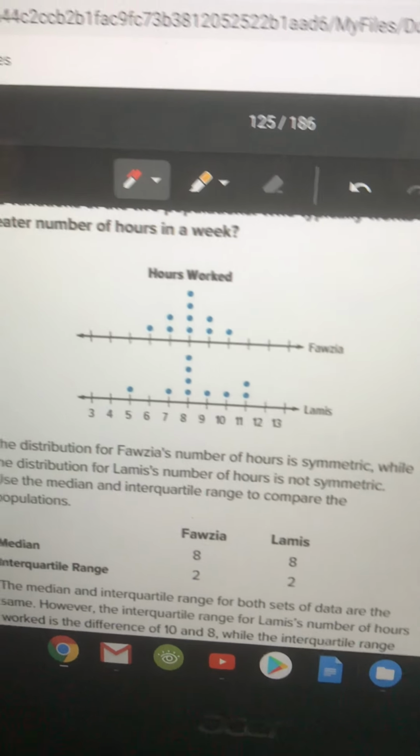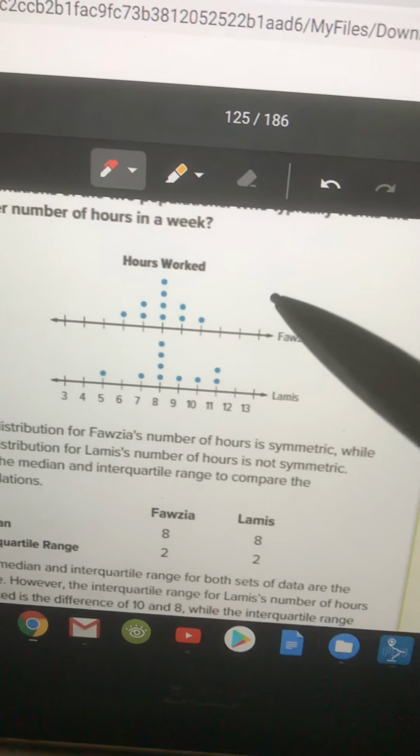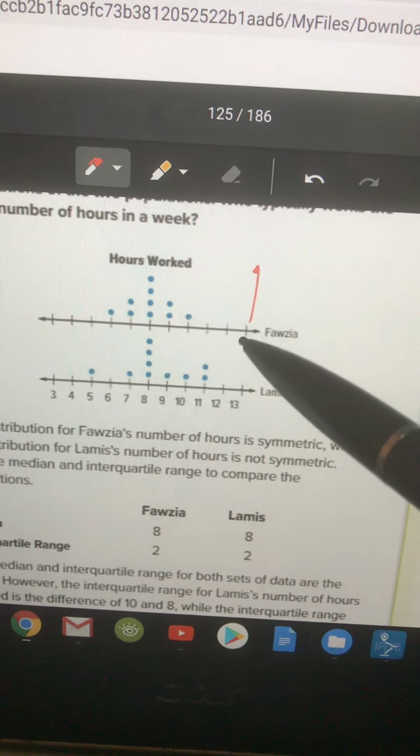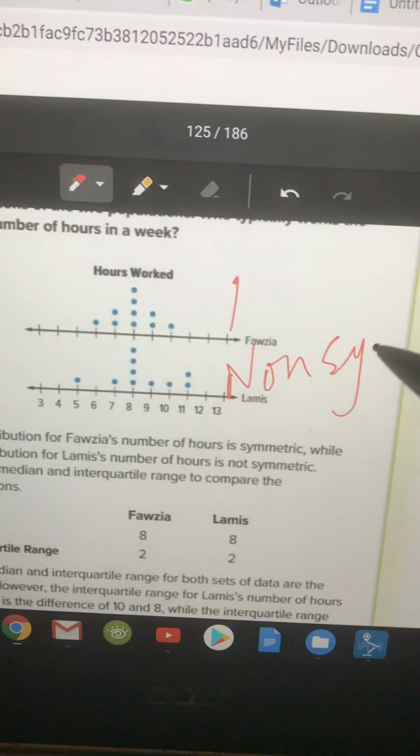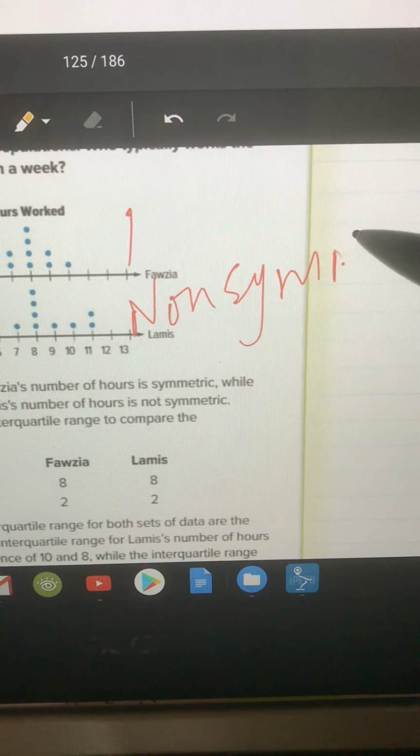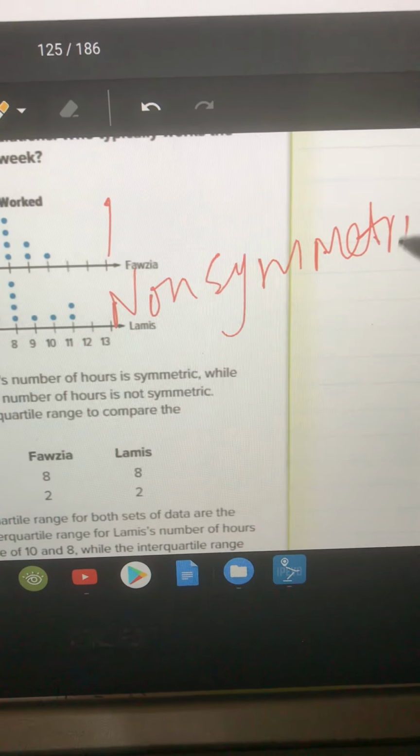You will read this by yourself. Example 3, you will read by yourself and do. Alright, example 4. Okay. As you notice over here, this is non-symmetric. This one is non-symmetric, or non-symmetrical.